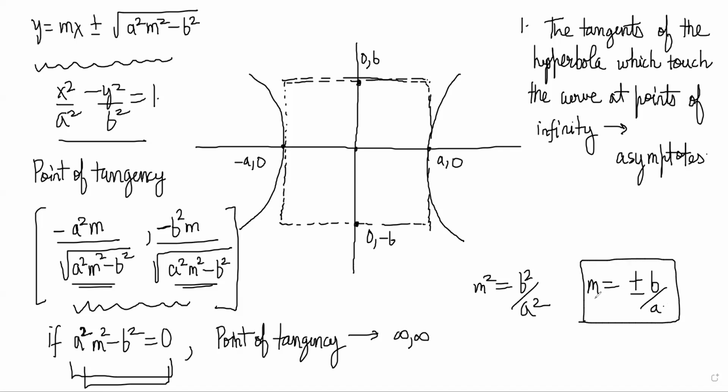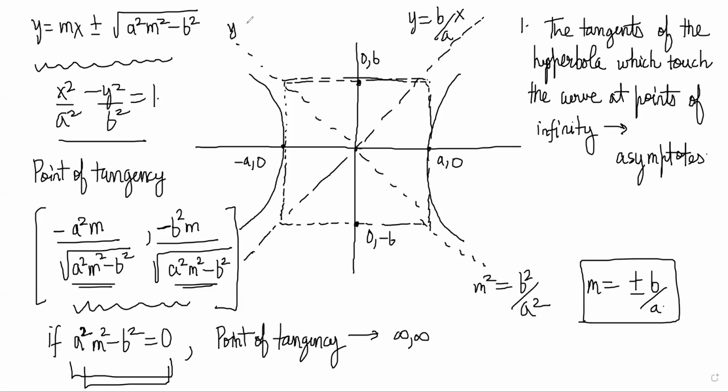Now, if m is equal to plus minus b by a, we can draw a line through the center, which looks like this. This is one line, and this is another line. So this line is y is equal to b by a x, and this line is y is equal to minus b by a x. Notice the two slopes are plus minus b by a, right?